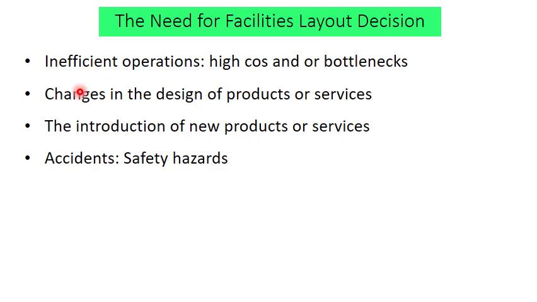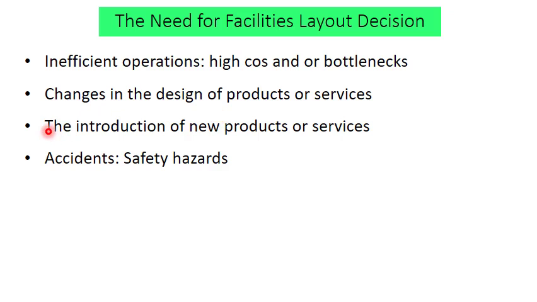And the other case is change in the design of product or service. It is obvious that when there is a change in the existing product or service, we have to align our facility layout so that it will give us the new design of the product. So we have to change our layout as well.